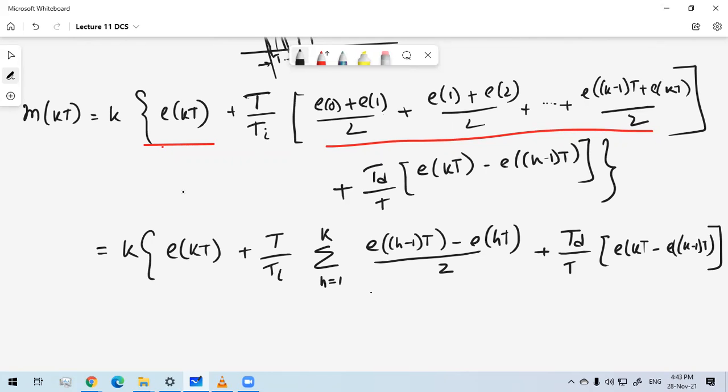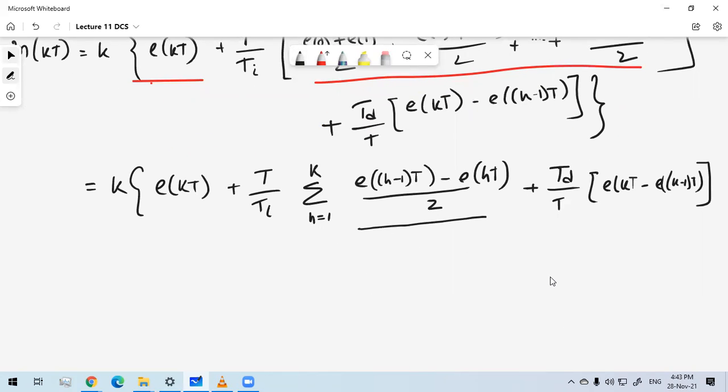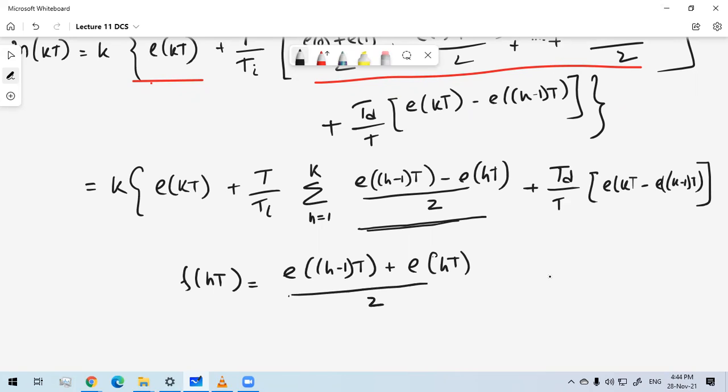Okay, so to simplify this one, we're just assuming that f(hT) equal to this portion here, that means (E(h-1)T plus EhT) by 2. This is a function, and as you can see, if you put every parameter here as 0, then you're going to get the result 0.